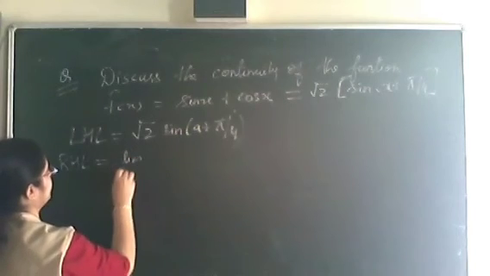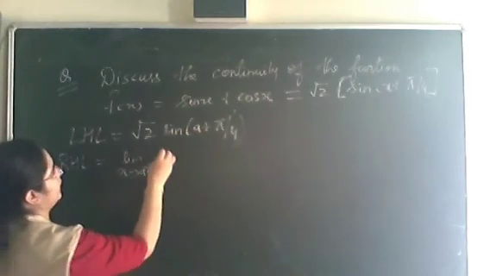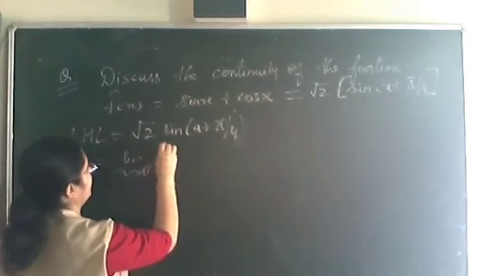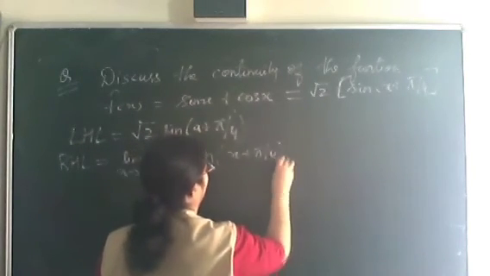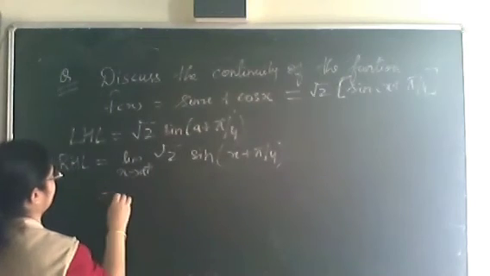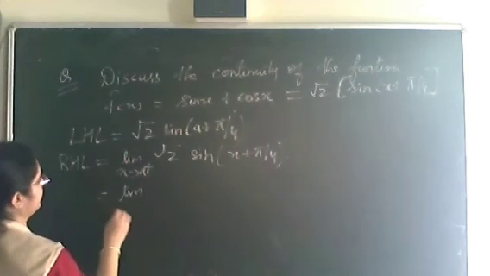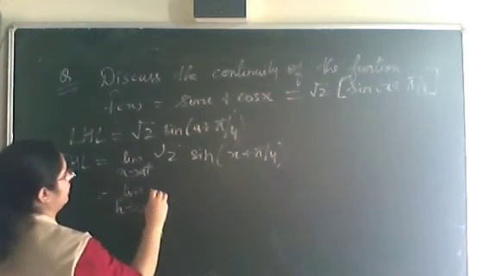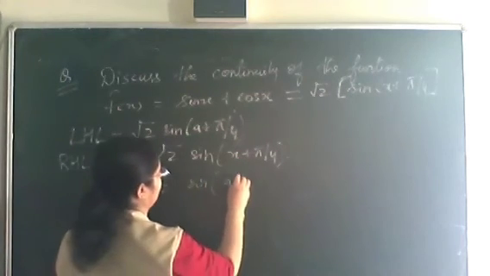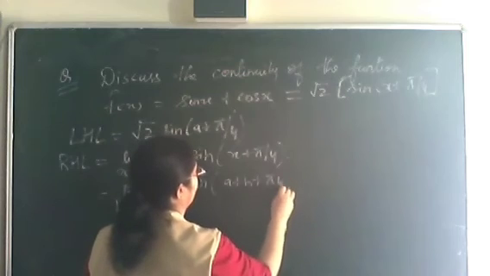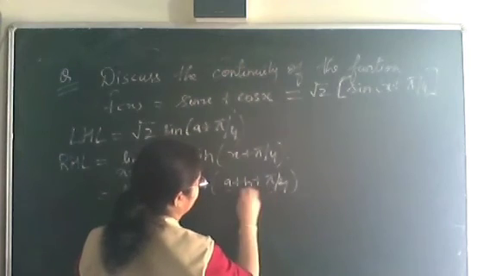Limit x tending to a plus of f(x). f(x) is root 2 times sine x plus pi by 4, which can be written as limit h tending to 0, root 2 times sine, where x can be written as a plus h plus pi by 4. Again, we can rearrange the terms. We can write a plus pi by 4 plus h.